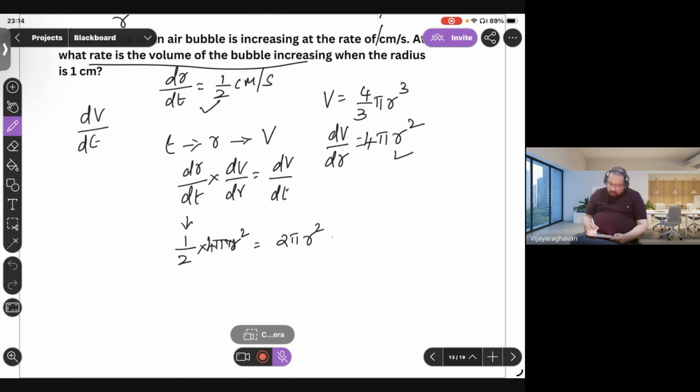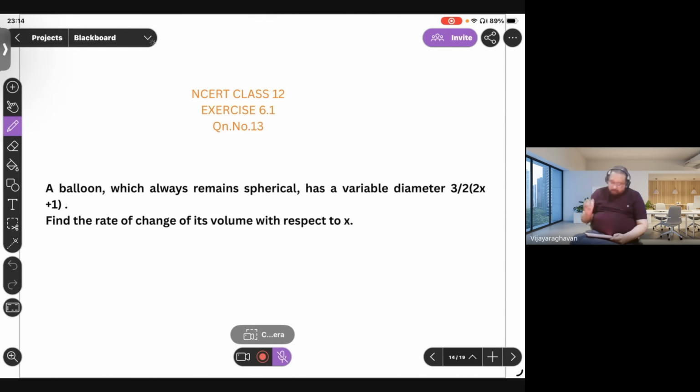When r is 1 centimeter, we have 2 pi, and since it is volume, centimeter cube per second. That's all.